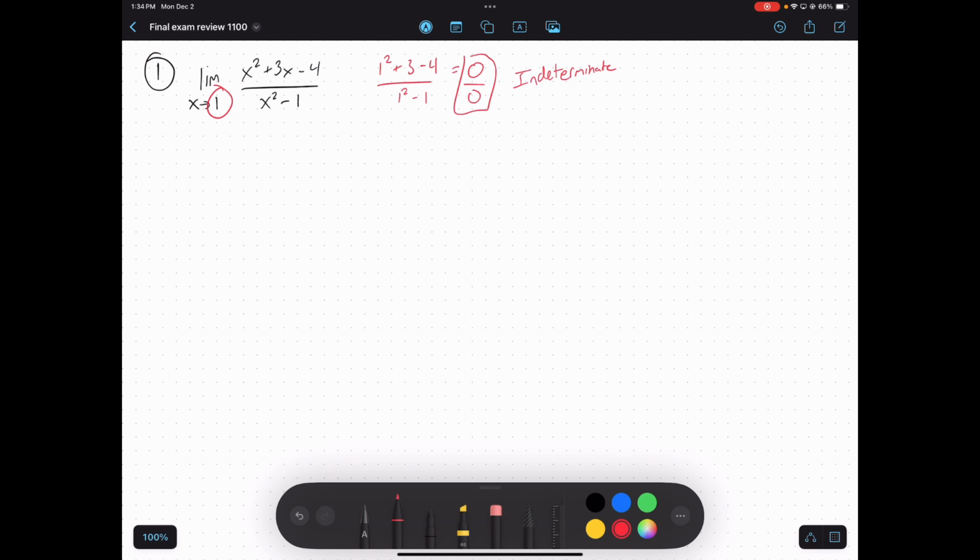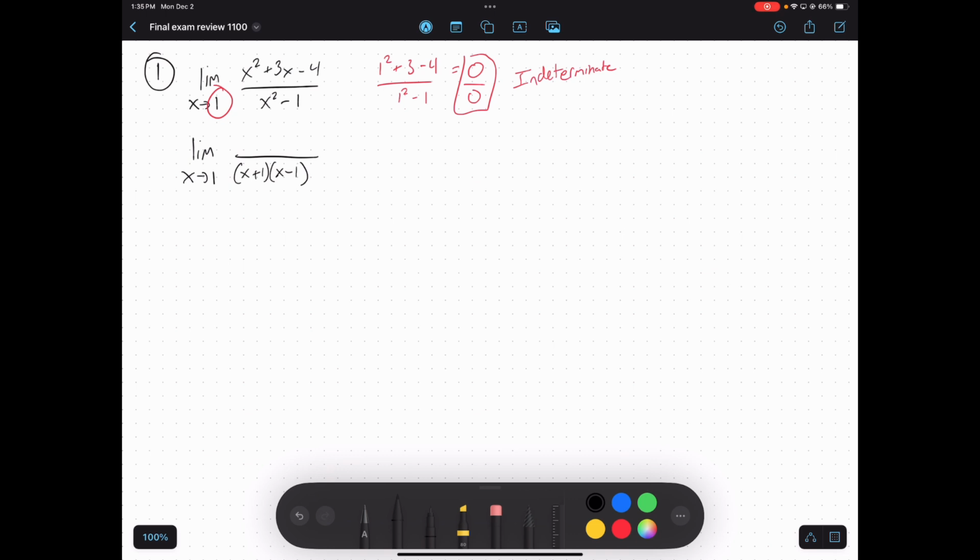So, what do we notice about these two functions? Sure enough, I can factor the top and I can factor the bottom. If I do that, what does the bottom factor to? x squared minus 1 is a difference of squares, so I get x plus 1 times x minus 1. Awesome. Top, we have x squared plus 3x minus 4.